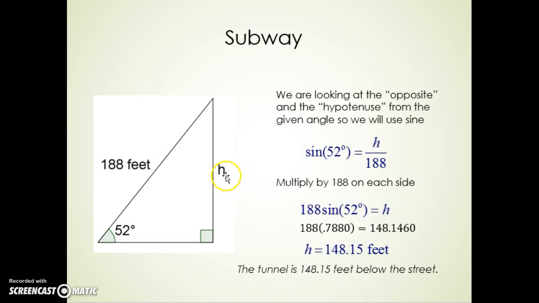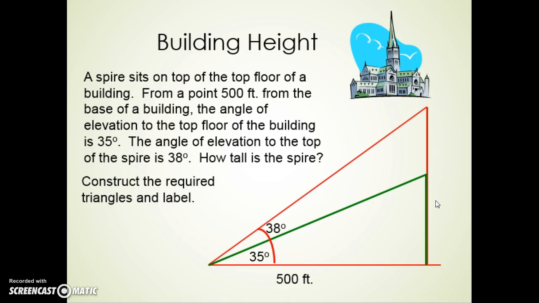So the trig function that is opposite over hypotenuse is sine. So for this problem, we're going to use the sine of 52 degrees. And that has to equal opposite over hypotenuse. Again, we're just going to set up the equation, solve for the unknown using our calculator, reporting our trig function accurate to 4 decimal places, and then answering in a sentence. So the tunnel is 148.15 feet below the street.